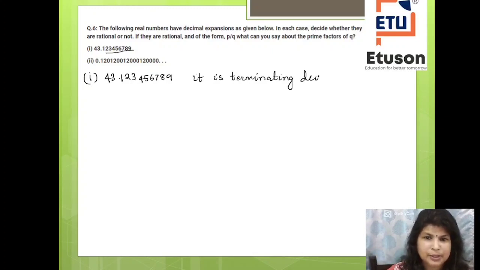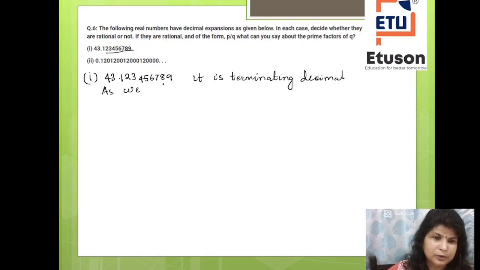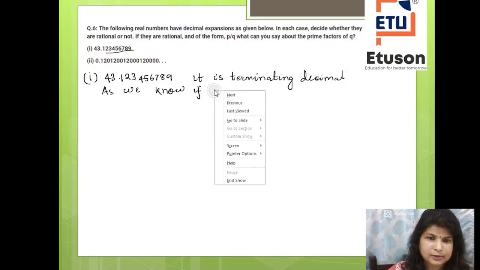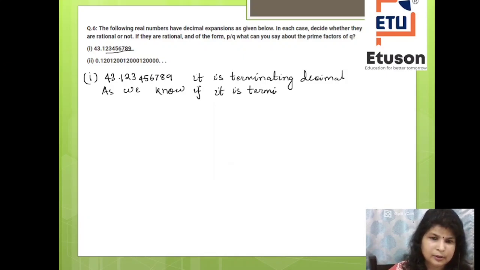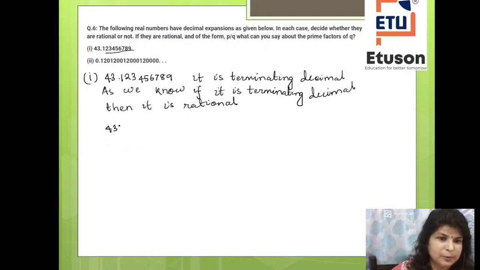If it is a terminating decimal, so as we know, then it is rational. अगर तुम्हें चेक करना है वो भी तुम फ्रैक्शन को कन्वर्ट करके भी चेक कर सकते हो.